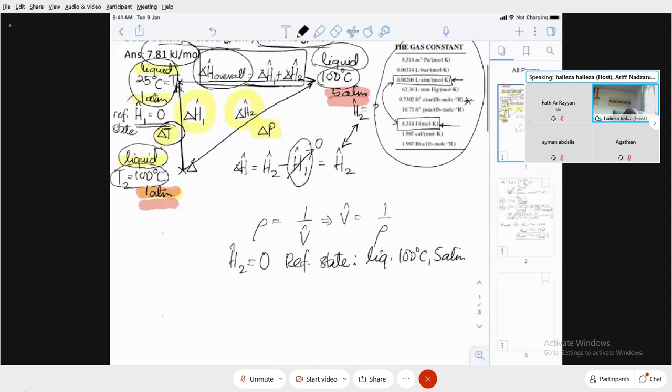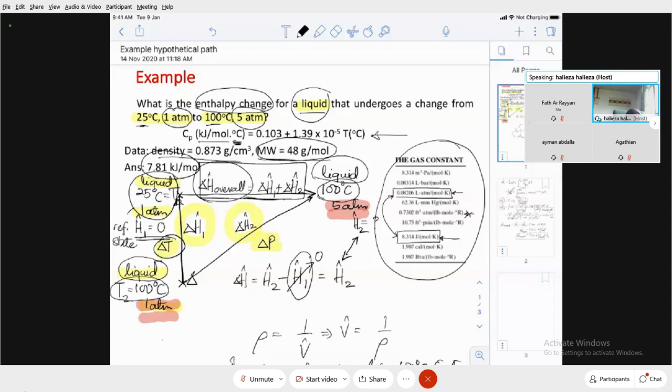So what happened here is that your delta H overall, if you're using this, will be negative 7.812 kilojoules per mole. That's a difference because you change your reference state. Initially, our reference state was at the first condition.